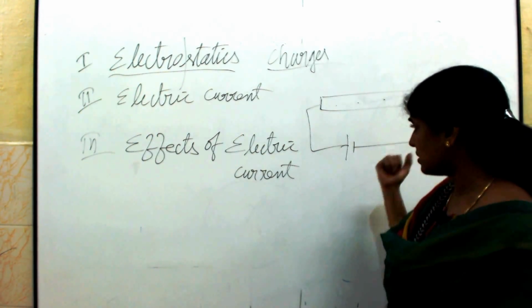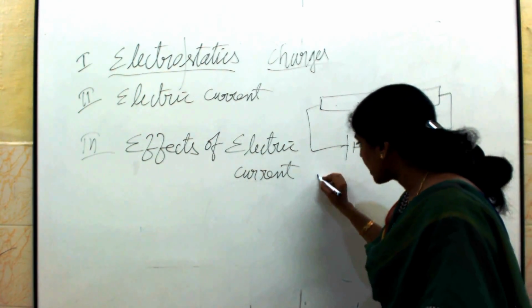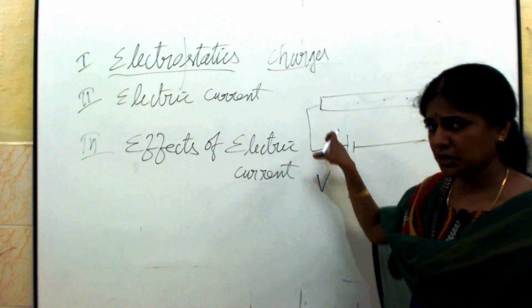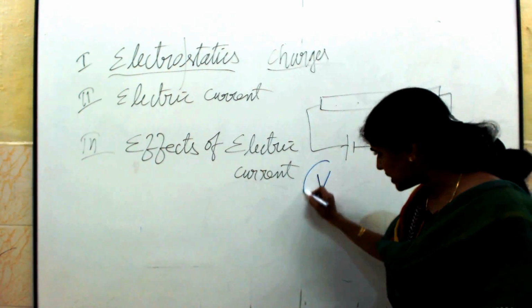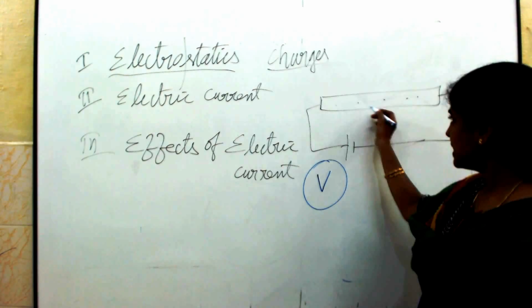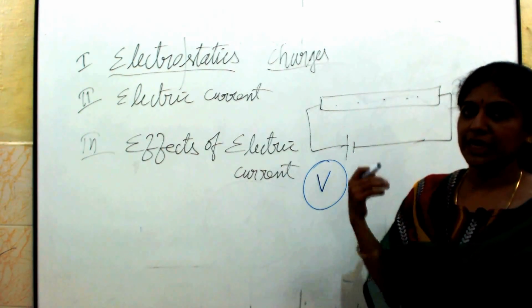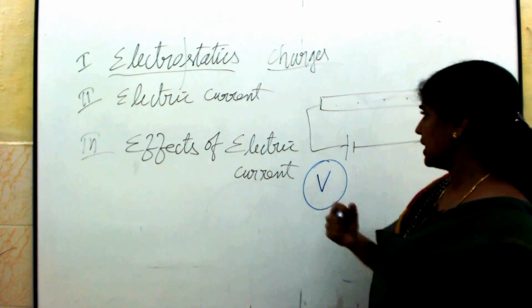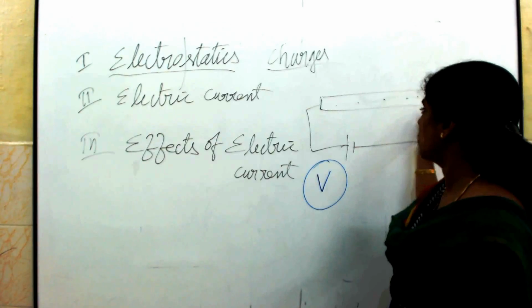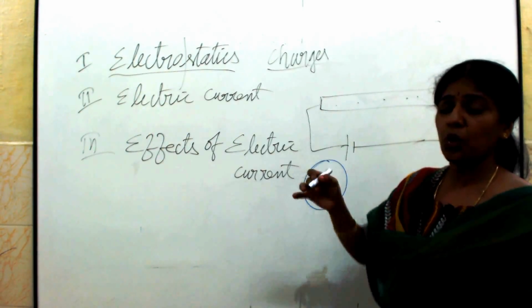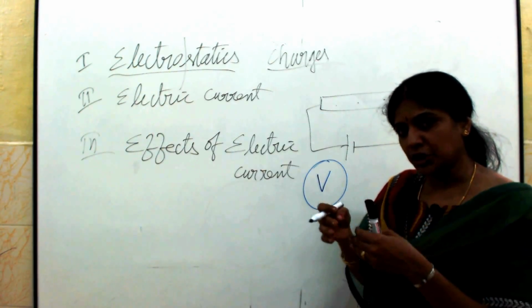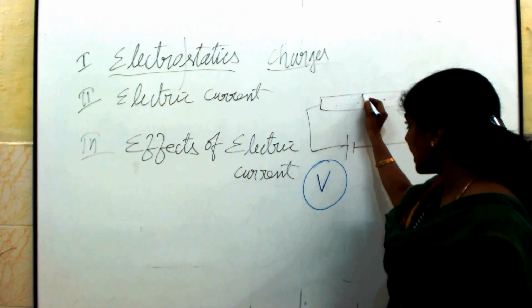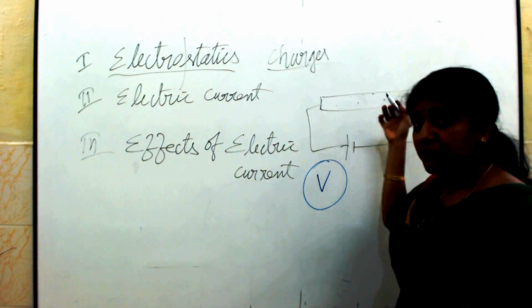So the electrons are accelerated by the voltage V. Let V be the voltage you are supplying to this conductor. Because of this supplied voltage, these electrons are accelerated. That gains them energy. When they gain some energy, what will they do? They will move in a definite direction. When they move like this, they will collide with the ions of the lattice atoms or with each other.